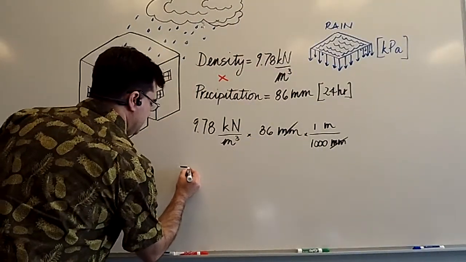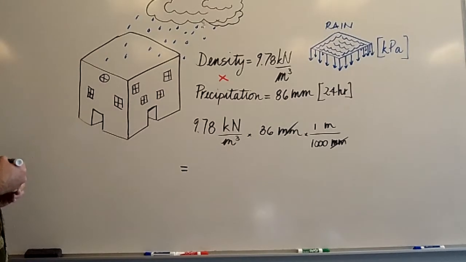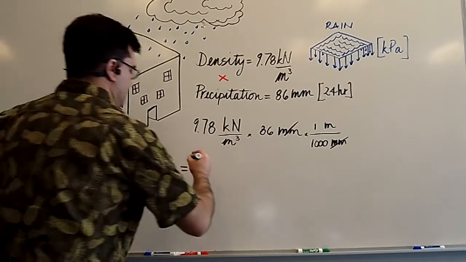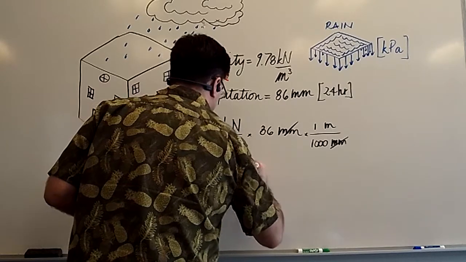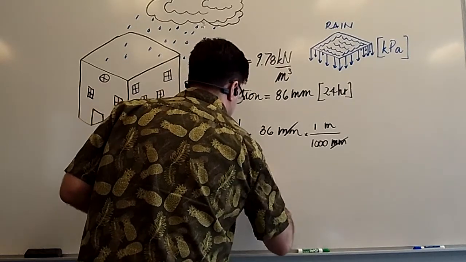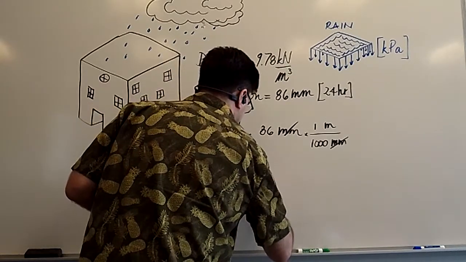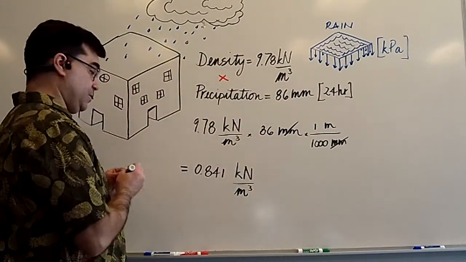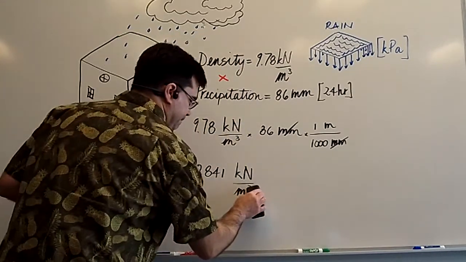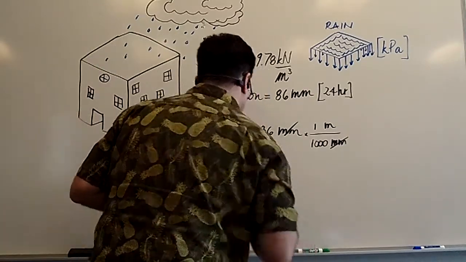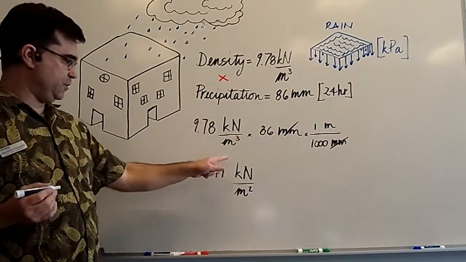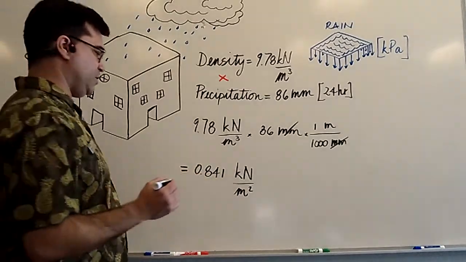So what we get, if we do this work here, is 0.841 kilonewtons per meter squared. Which is great because we know the kilonewtons per meter squared is also kPa.